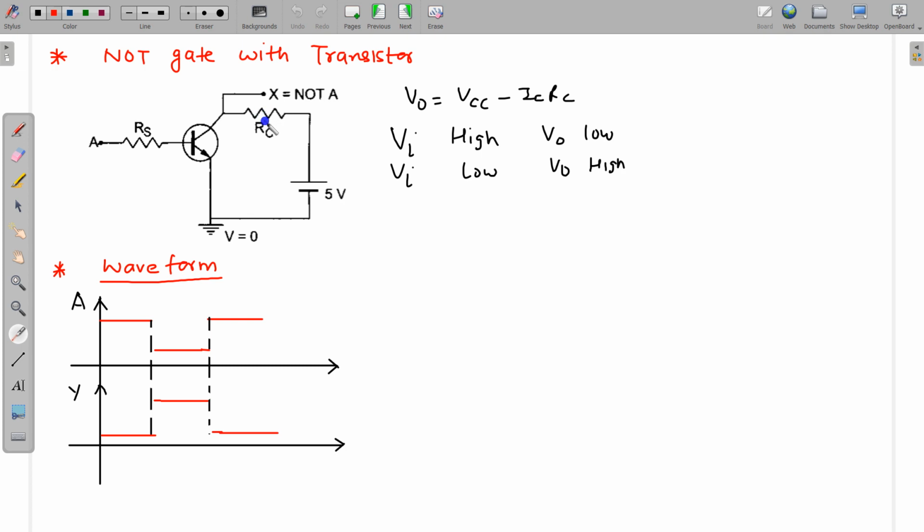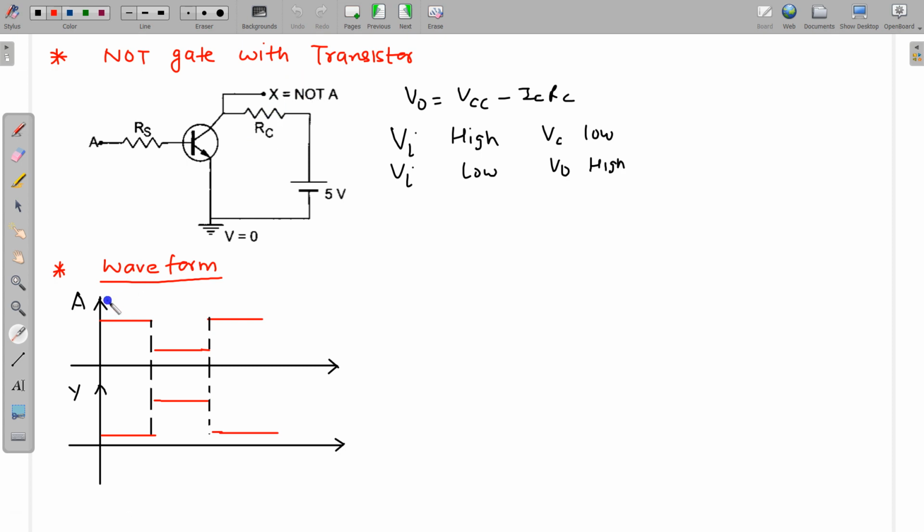If you operate the transistor in the saturation and cutoff regions, the transistor operates in the cutoff region when the input is not properly forward biased, and in the saturation region otherwise. So we have already seen this in the transistor. When V input is high, V output is low. When V input is low, then V output is high. So this is a NOT gate using a transistor.